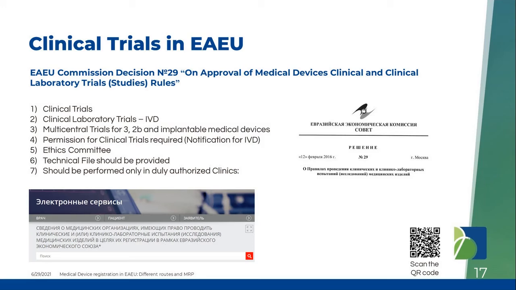So how to do it? A lot of questions and only few answers. So again, the procedure is very vague for us, especially for multi-center testing, multi-center clinical trials. So it should be additionally explained by the authorities.